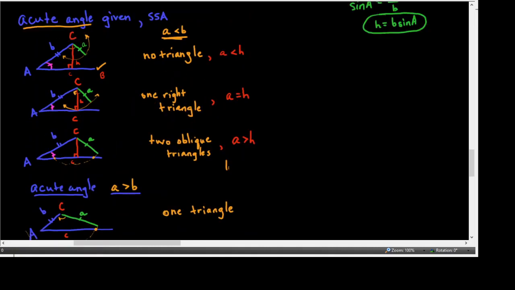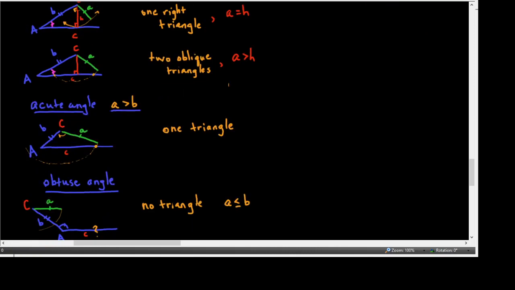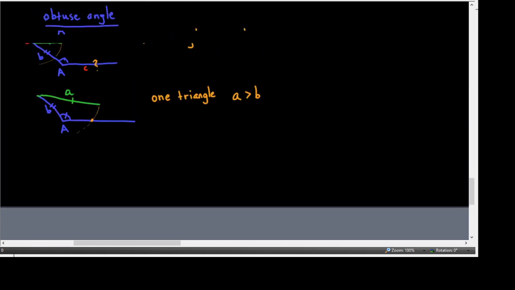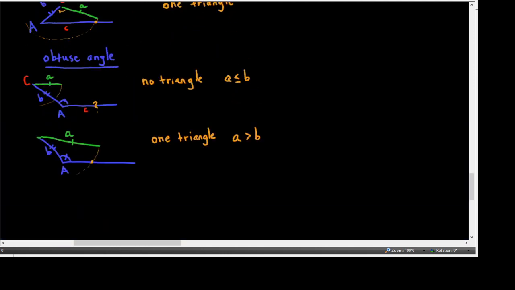It's the first three that cause us the most difficulty. That's when you have to compare A to the altitude, and it's either too short or too long or just right, which gives you a right triangle, by the way, if it's exactly the same as the altitude. So that means that we have pictures to help us make decisions about what will work and what won't, if we'll even have a triangle to deal with in the problem.